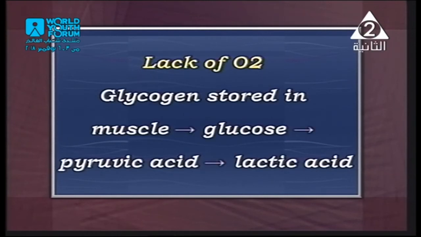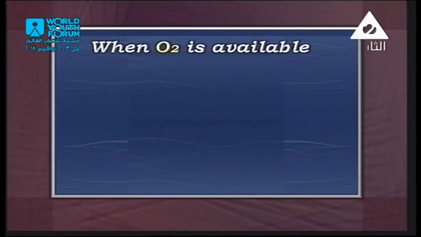So, just a summary for you: the glycogen stored in the muscle is broken down into glucose, which gives us pyruvic acid, and pyruvic acid at the end of anaerobic respiration gives us lactic acid.